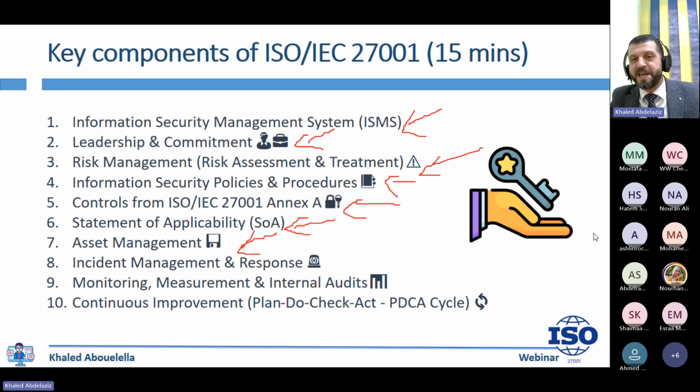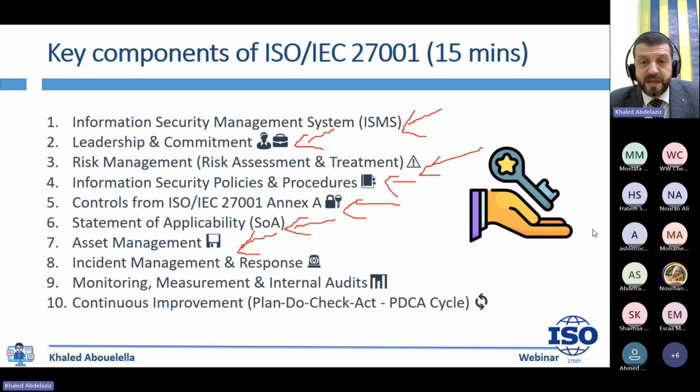It goes without saying. You cannot implement any management system, information security management system, without having an asset management system. Why? Because identifying the critical assets, or to be more specific, the critical information assets in your organization, is essential. You need to identify the critical assets in terms of data, information, systems.